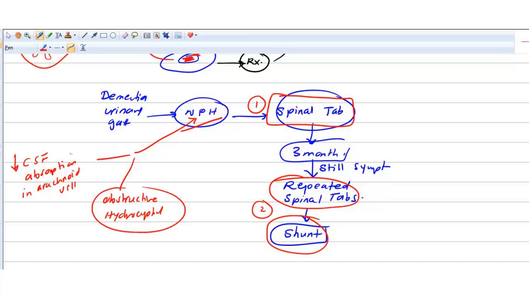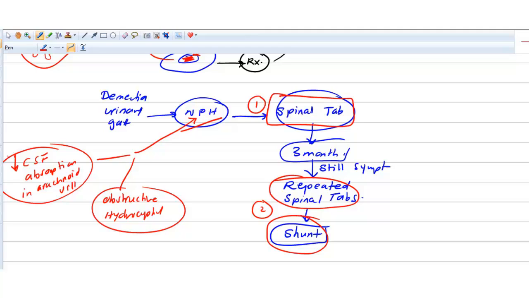This is also important, because I told you he will not mention NPH for you. He will mention decreased CSF absorption, which means he is referring to NPH. The same thing, a substantia nigra problem, which is basically Lewy body dementia, or a frontal problem, which is frontotemporal or Pick's disease.